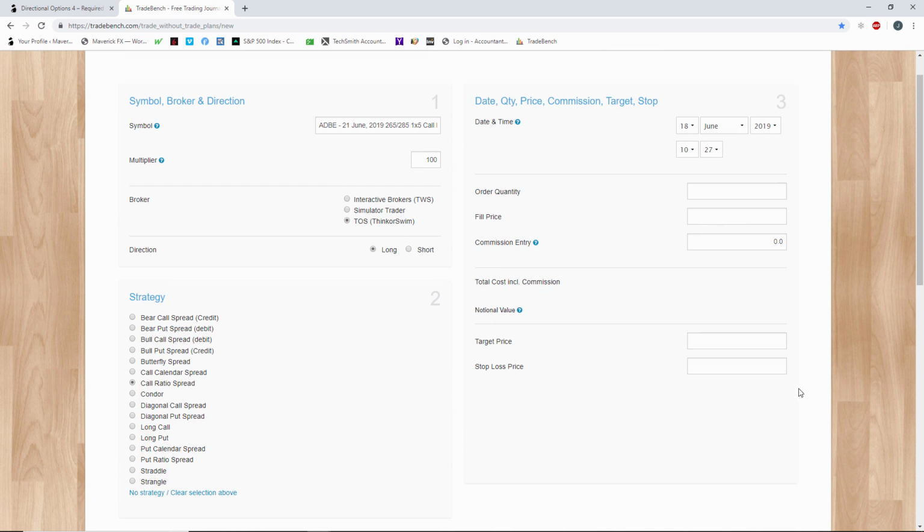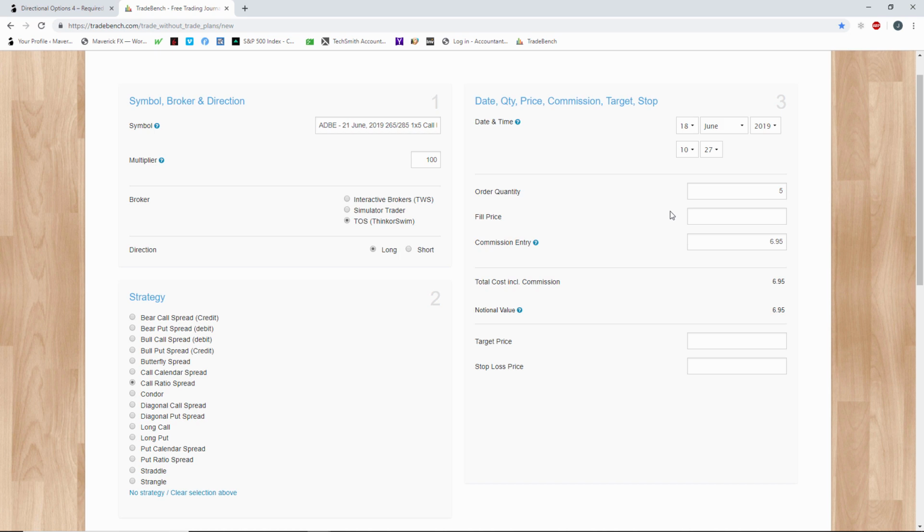Now usually with a 1-to-5 ratio spread, I've got a 1-to-1 bear call spread and 4 extra calls. Now I have to include both of them on the same ticket. So I'm going to put in all 5, yes folks, all 5 contracts in here.